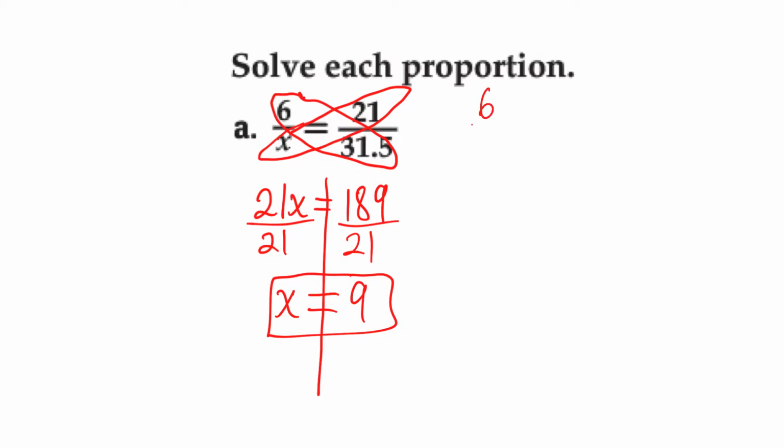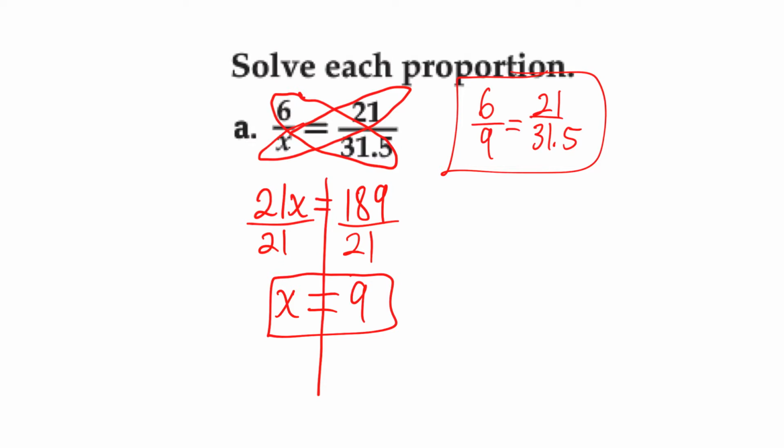So here's what I want you to do. 6 over 9 equals 21 over 31.5. All I'm doing is just plugging in that value of 9 for x. So I want you to type that into your calculator real quick. What I wrote in red right here.